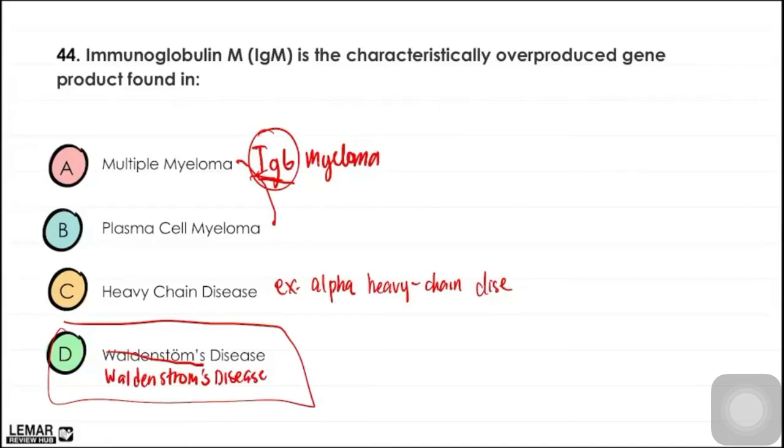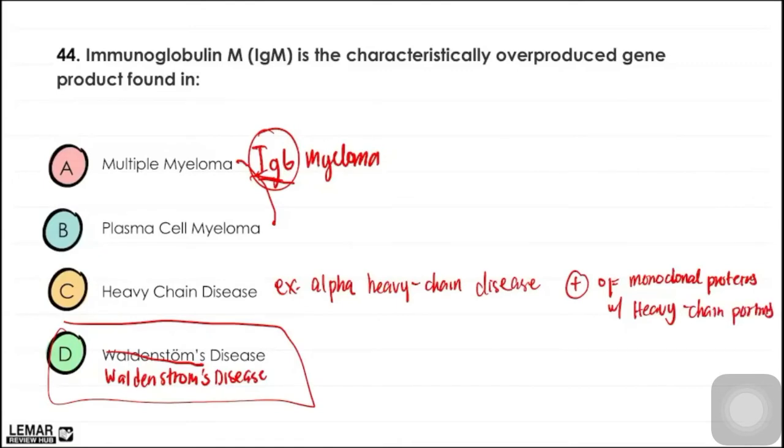Example of a heavy chain disease is the alpha heavy chain disease, the most common type of heavy chain gammopathies.